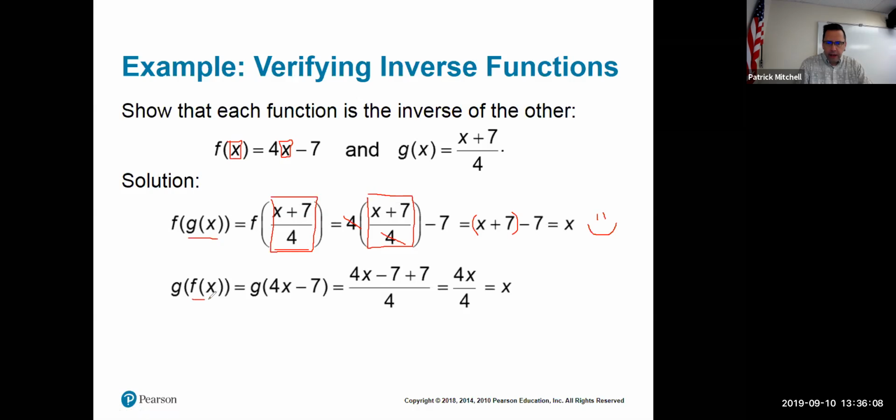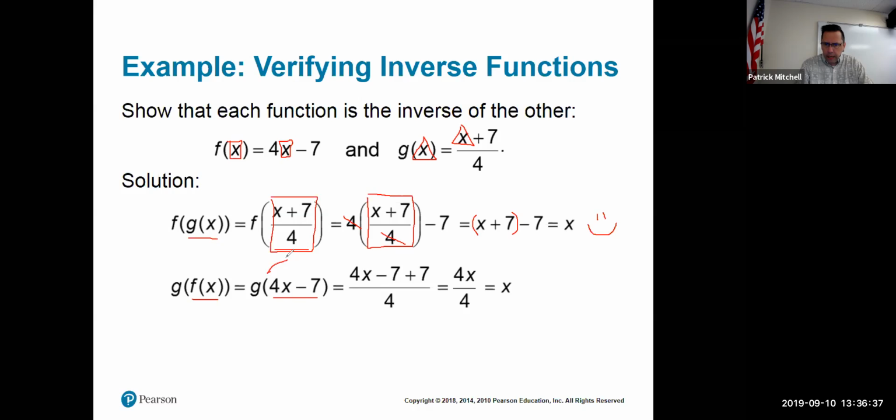g of f of x is g of 4x minus 7. Okay. Now I have to think about what function g does. Maybe I'll use a triangle this time. Okay, function g takes a number, adds 7, and then divides the answer by 4. So that is exactly what I'm going to do to 4x minus 7.